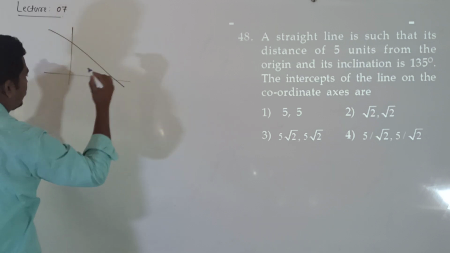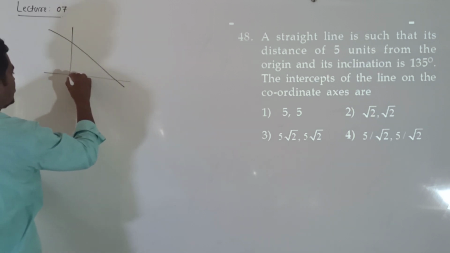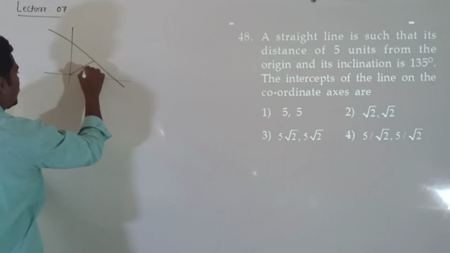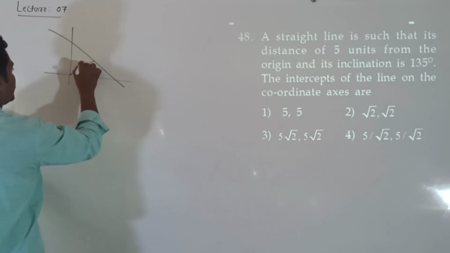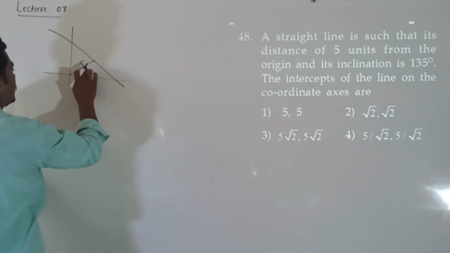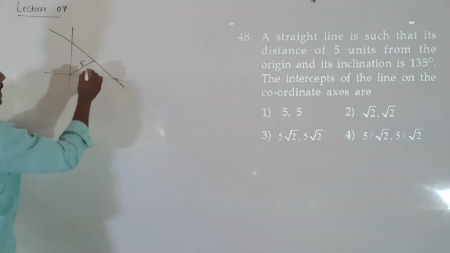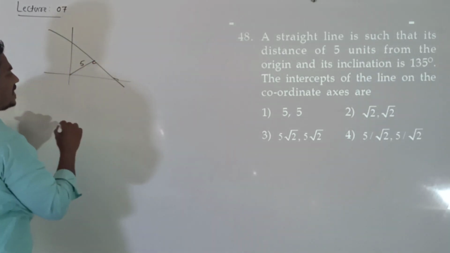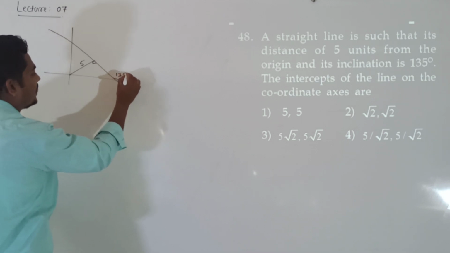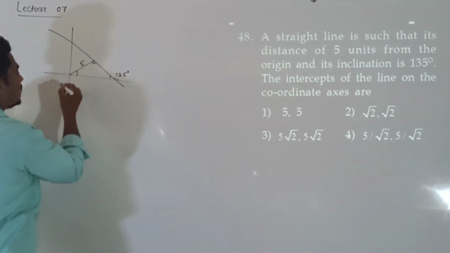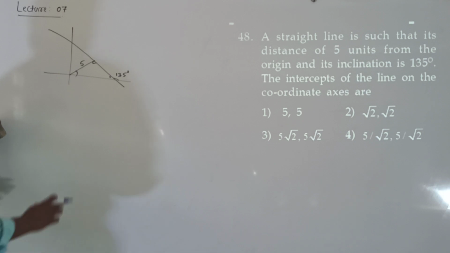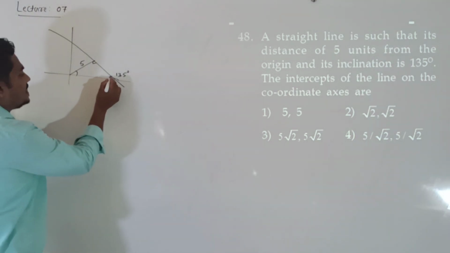Here one line is there. One of the conditions is that the perpendicular distance between the origin and the line is 5 units, right? And the inclination is given. Clearly the perpendicular means 90 degrees. This angle is 135 degrees. Then what is this angle?